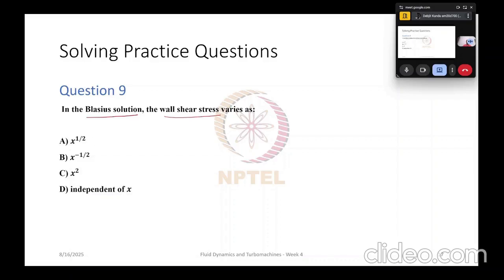Is it option B, x power minus half? Is it option C, x squared? Is it option D, independent of x? Meaning it's not a function of x.